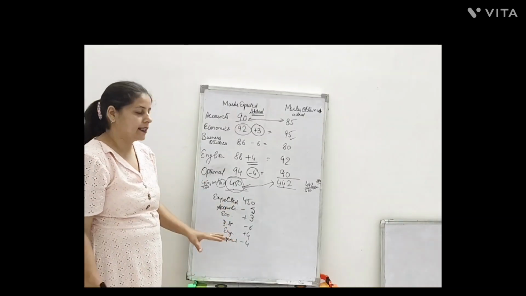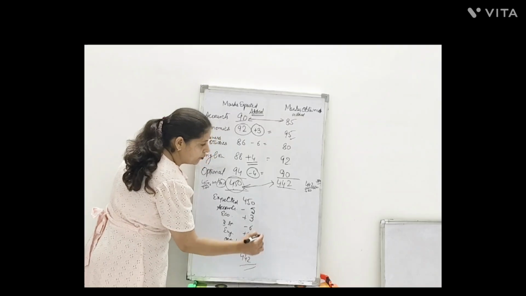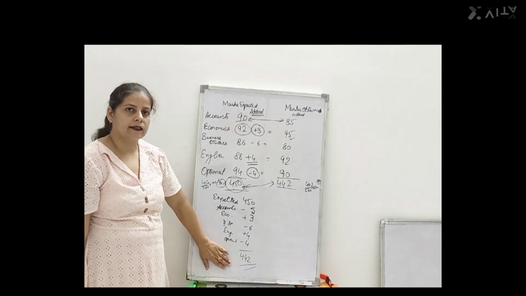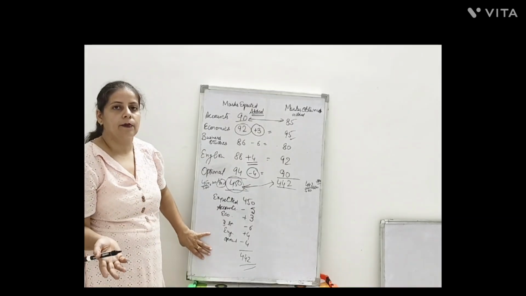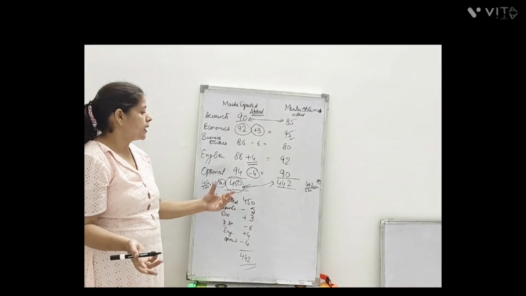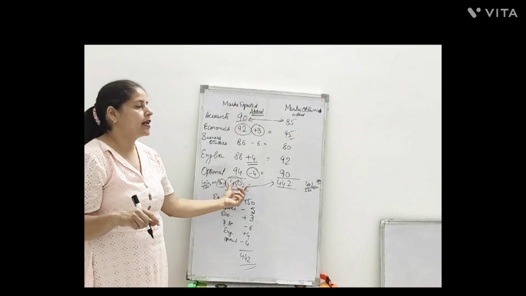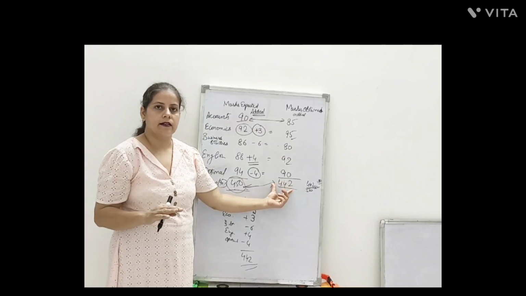So when you get the total from here, you will get 442, which was his actual marks, right? This is the way a reconciliation statement is prepared, taking one balance as the starting point and reaching the other balance as the end result.